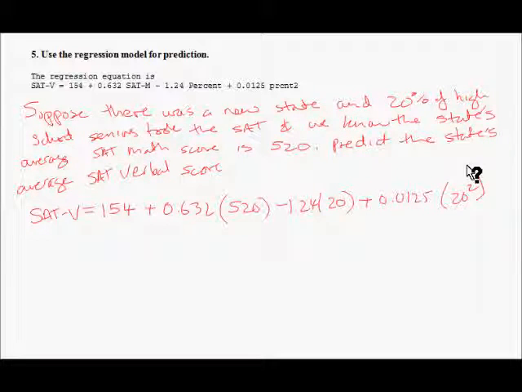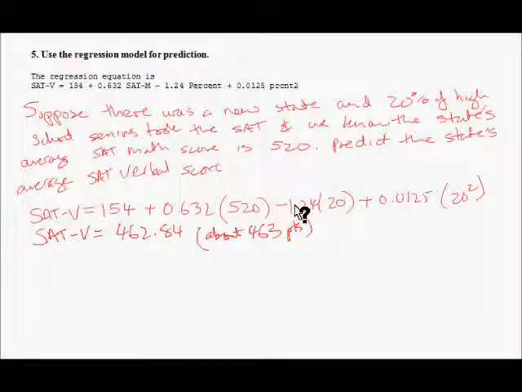So it looks like, if I did it correctly, which hopefully I did, the SAT verbal is 462.84. So about 463 points is my guess.